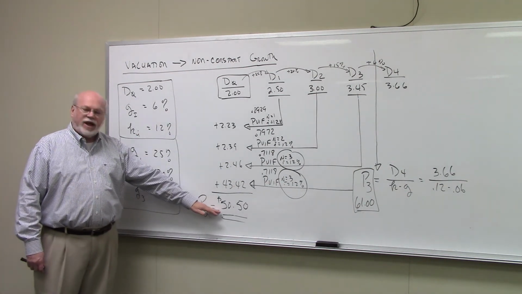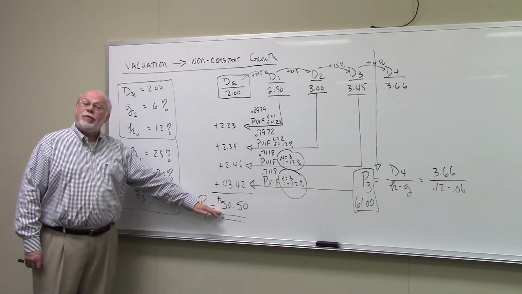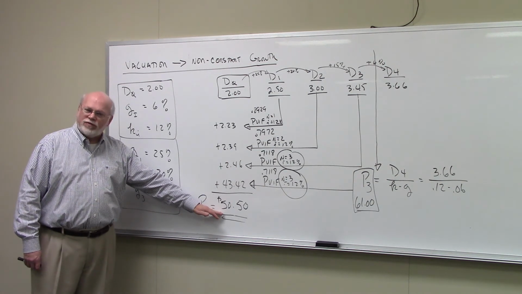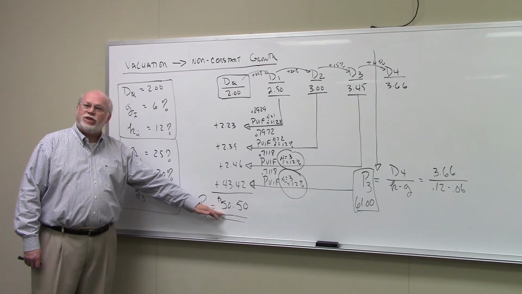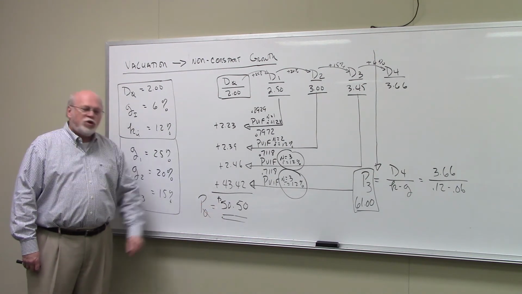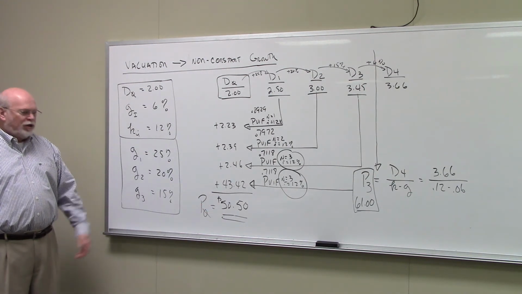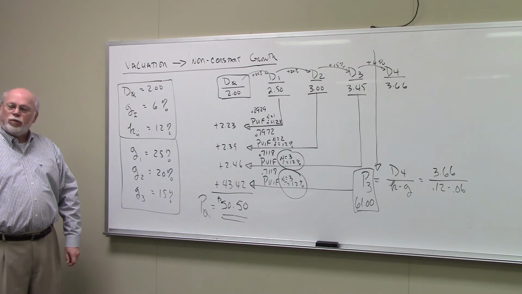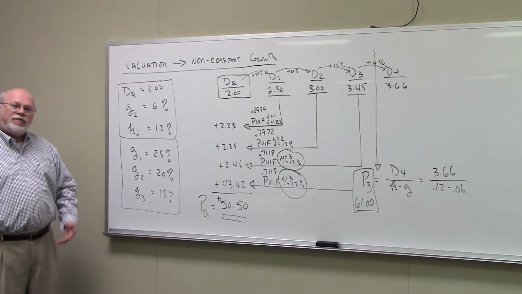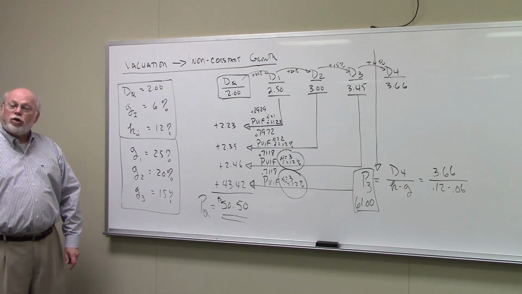If the price of the stock in the market is greater than this, that means that the stock is overvalued. You wouldn't buy the stock. You get a less than 12% return. If you could buy this stock today for, say, $45 a share, would you buy it? Yes. That stock is undervalued in the market, and if you buy it, you'll get a return greater than 12%.